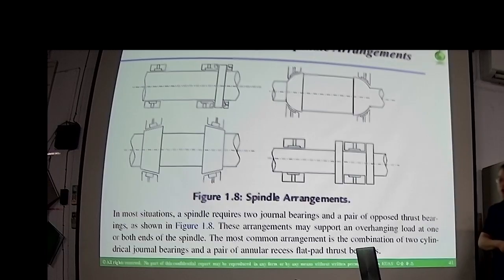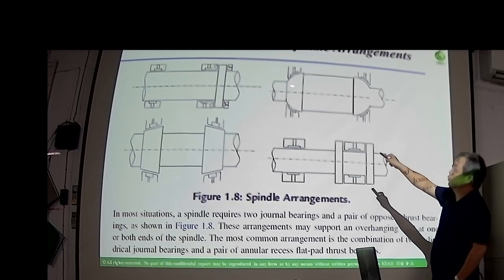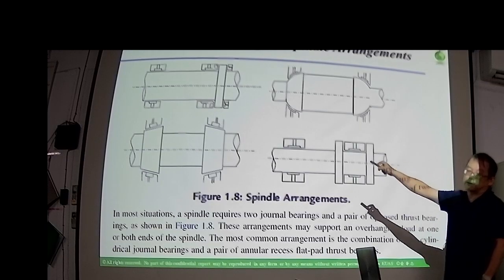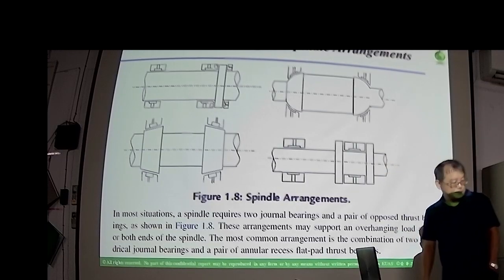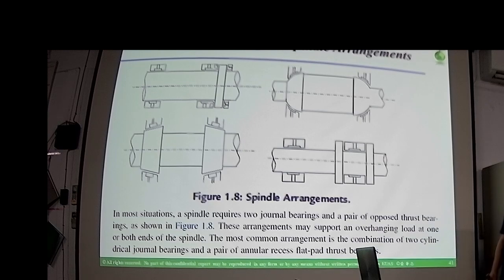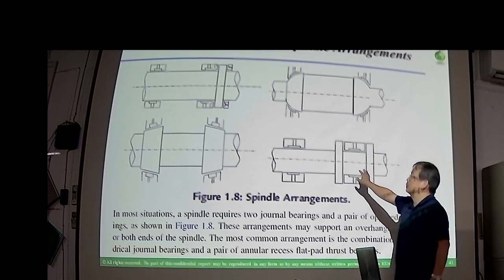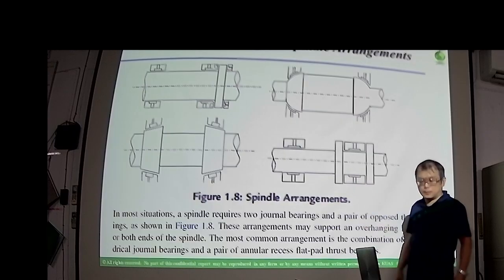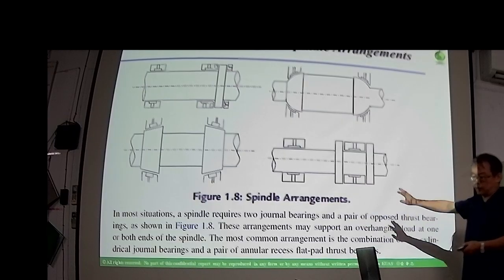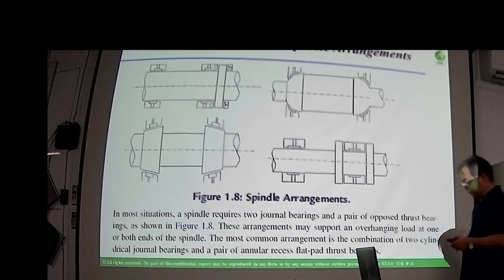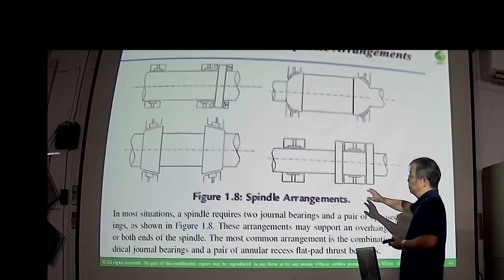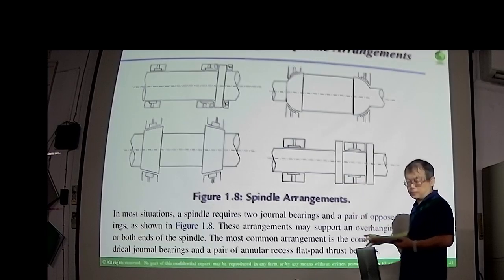Normally you have those three types of spindle bearing configuration. This one is not useful, so we can ignore it. There's no practical application for this one.